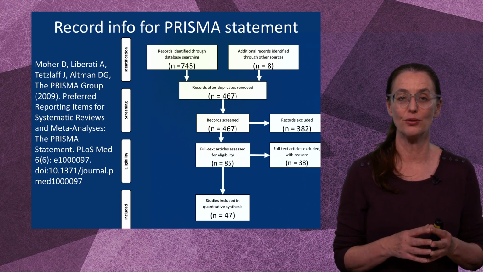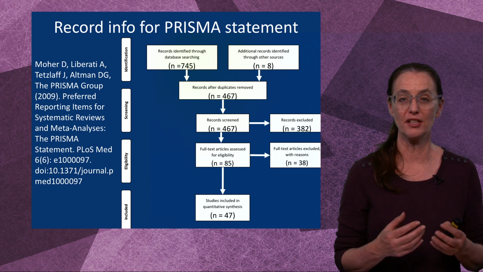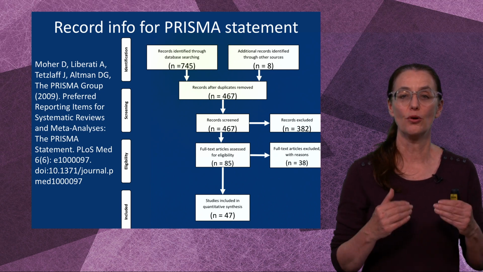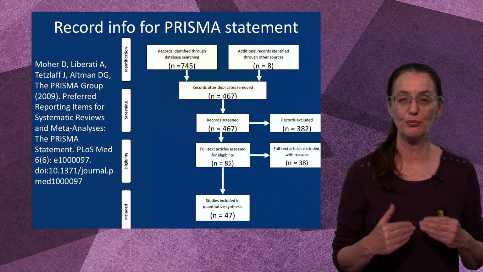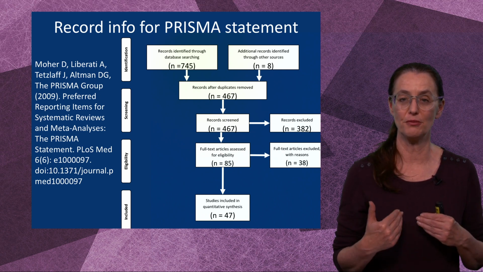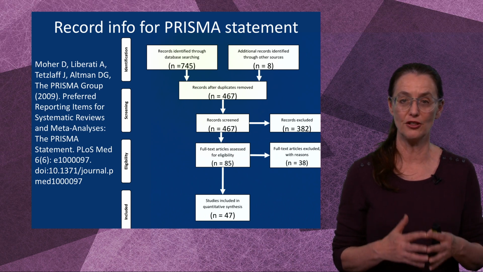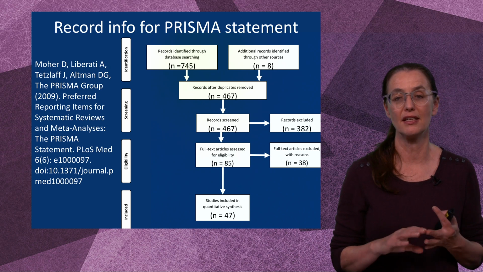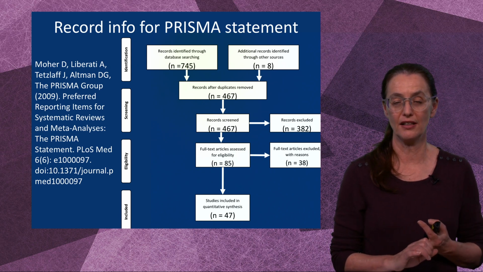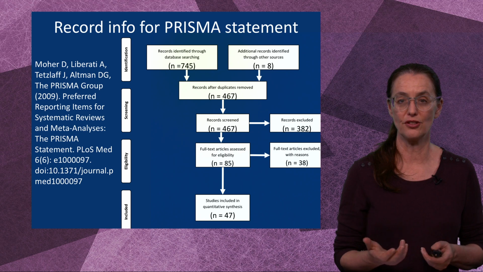And part of that talks about what databases you have to search, what records were removed, how you do that screening, until down the bottom you end up with exactly the papers that are going to be left in, that are the ones you're then going to quantify. And so we're going to go through talking about which databases, some of the components about how you search those, and how you do those screening criteria.